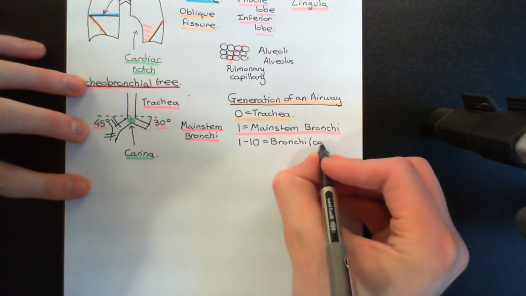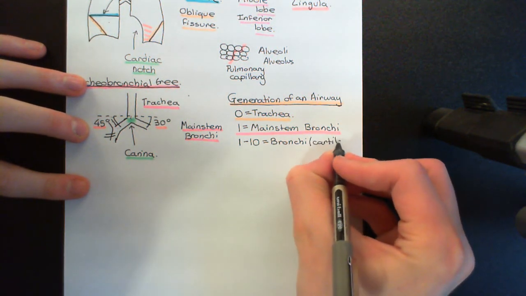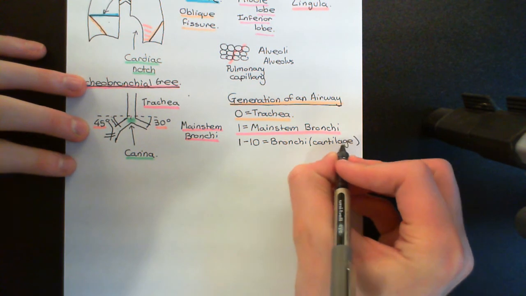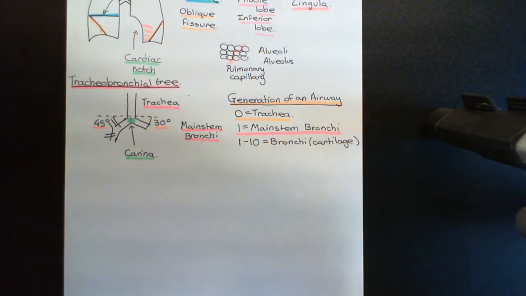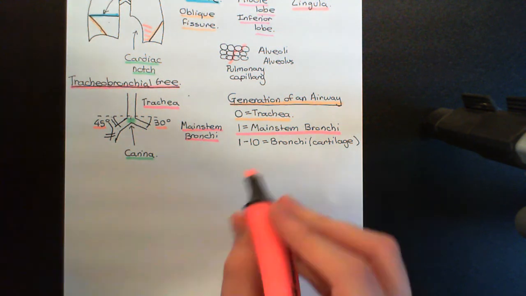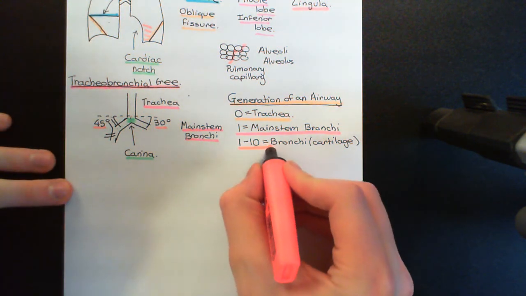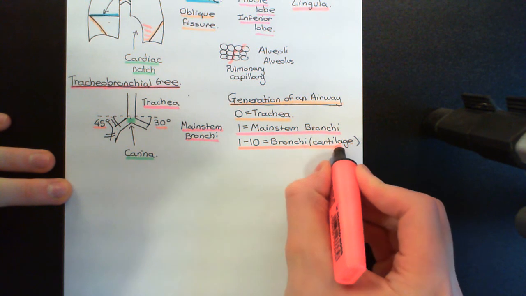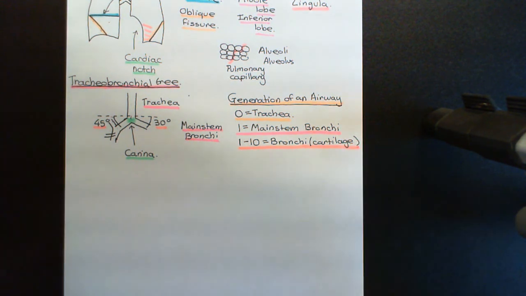And as I say, the characteristic feature of bronchi is that they have cartilage in their wall. They also have submucosal glands, but that's not as distinguishing as the cartilage. The cartilage is the major thing that you will instantly spot in the wall of a bronchus, which distinguishes it from a smaller type of airway known as a bronchiole. Okay, right.